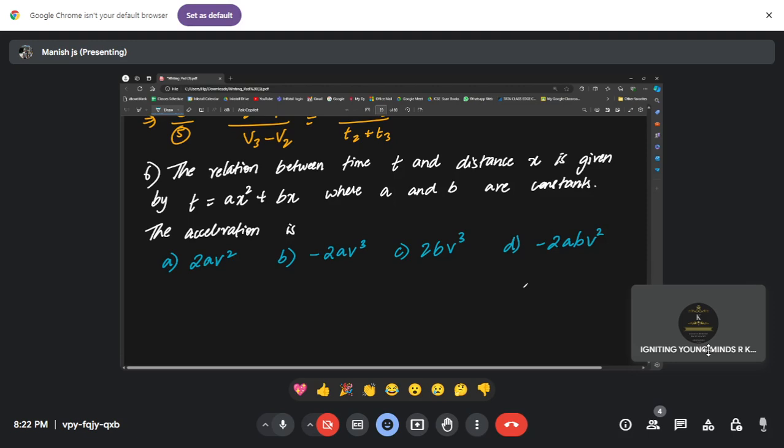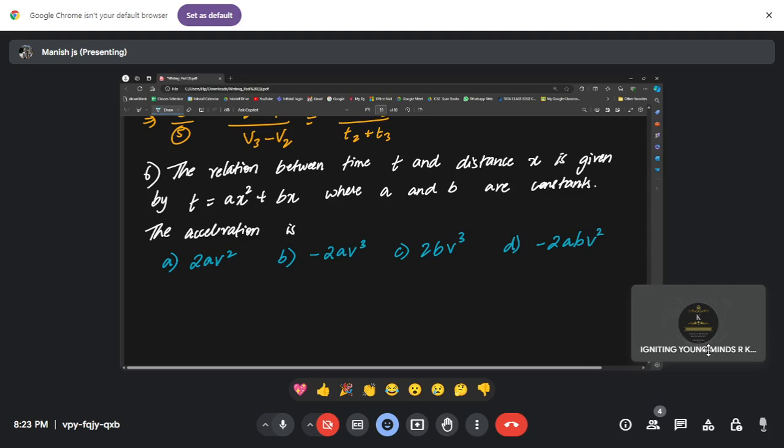Now based on this, we will have to find out the value of acceleration. So how do you approach this particular question? First we try to find out the velocity.